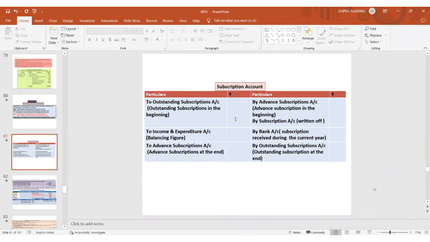It is ultimately the same thing that you are calculating over here also. And depending upon the requirement of your organization, you also have to see what is to be done. So you have to see how you want to proceed with the calculation of your subscription.